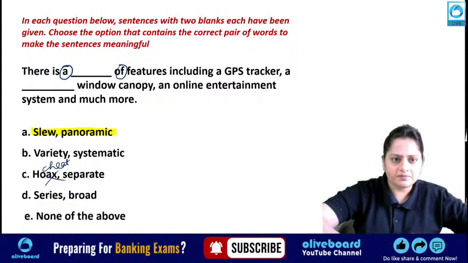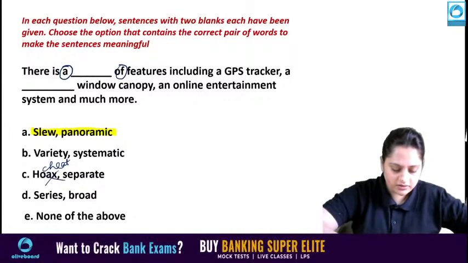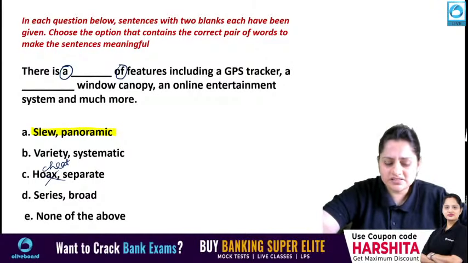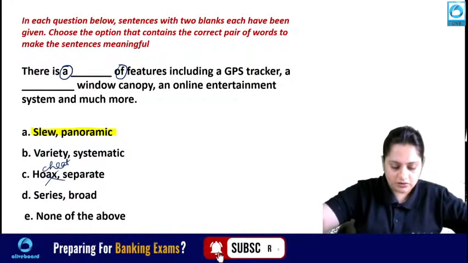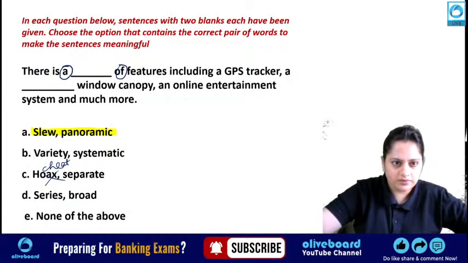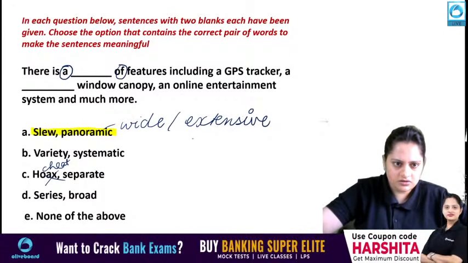Let me tell you the meaning. When we talk about a panoramic window, like we say panoramic sunroof, it is a wide view, an extensive view, surrounding everything. A huge window canopy, a wide view. So based on the second word, you can cancel.